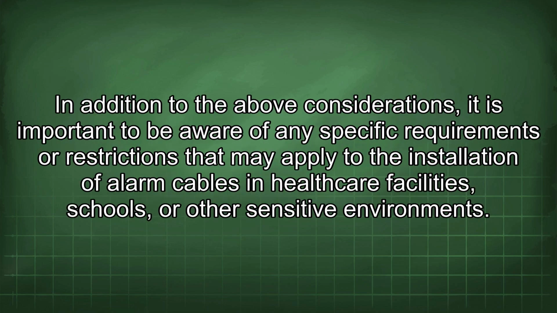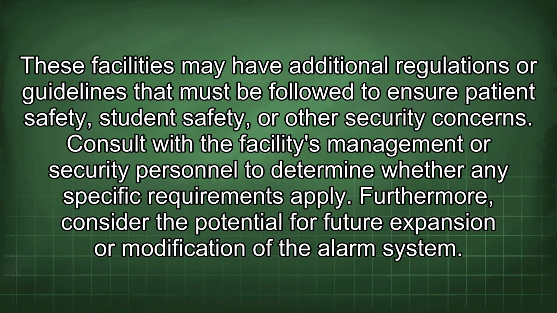In addition, be aware of any specific requirements or restrictions that may apply to the installation of alarm cables in healthcare facilities, schools, or other sensitive environments. These facilities may have additional regulations or guidelines that must be followed to ensure patient safety, student safety, or other security concerns. Consult with the facility's management or security personnel to determine whether any specific requirements apply.